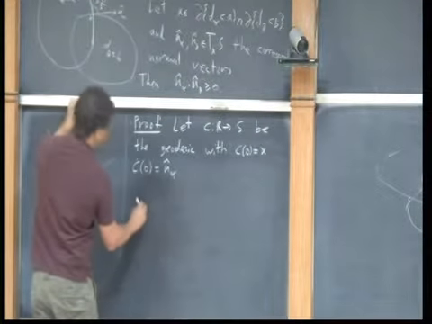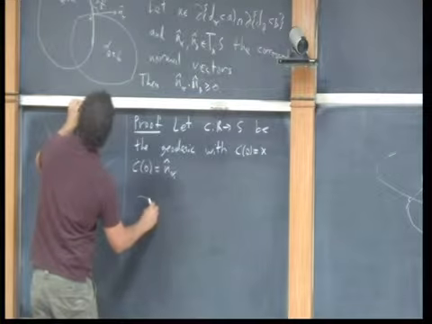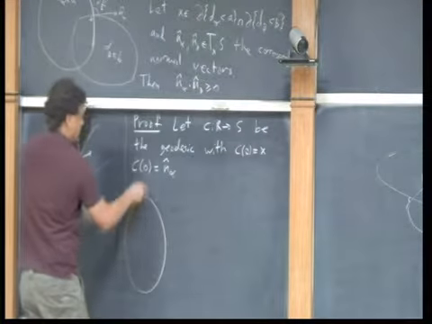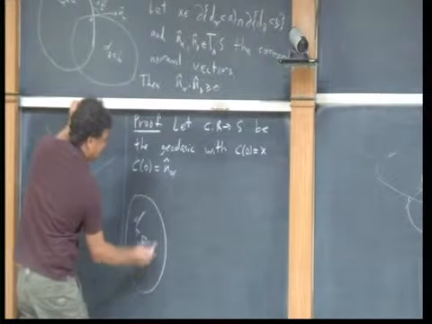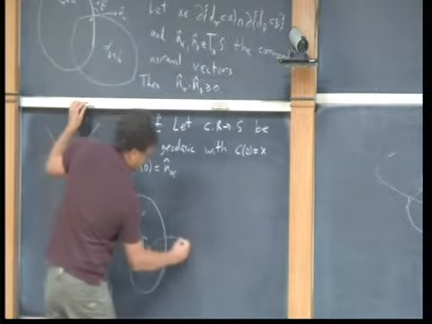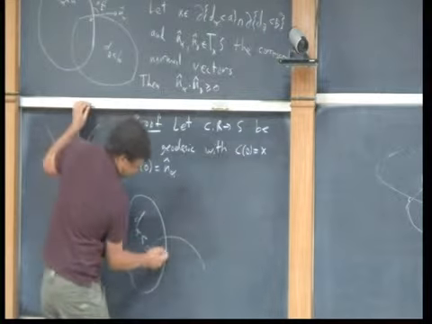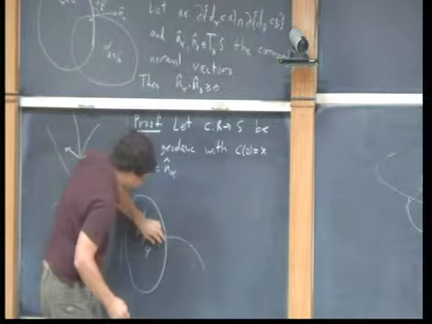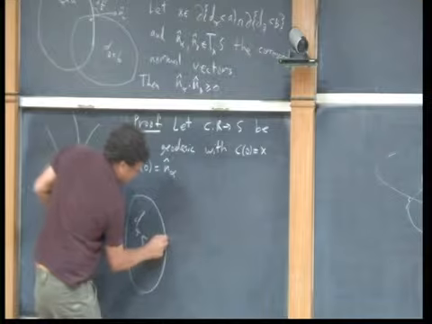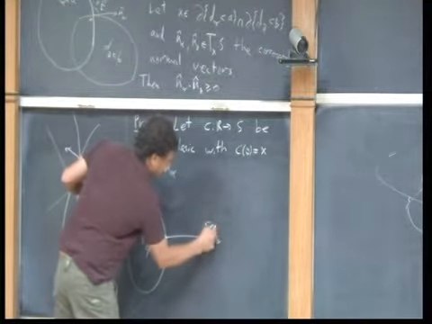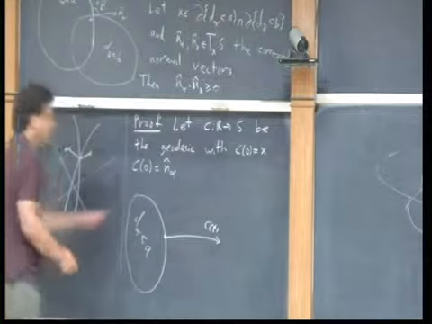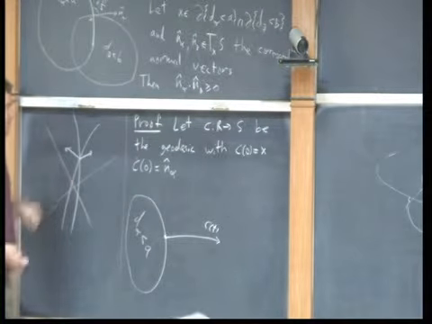So c is the following geodesic. We have {d_alpha less than A}, and we have beta, and this is x, and c is the following geodesic. I don't want to draw beta yet.